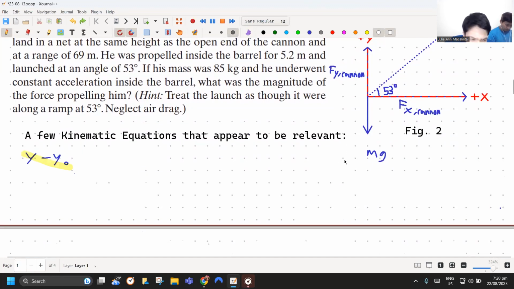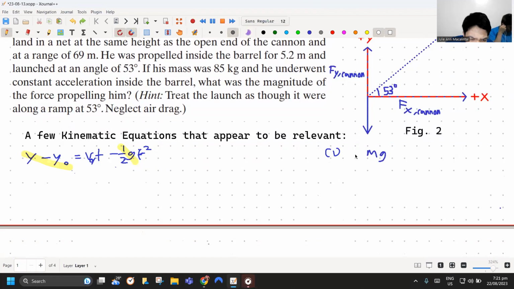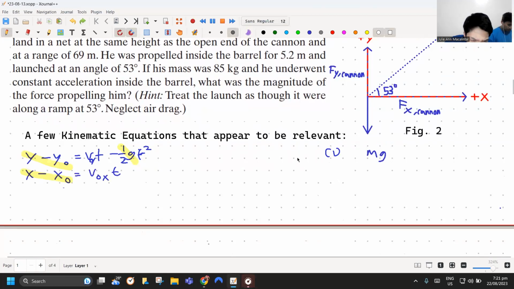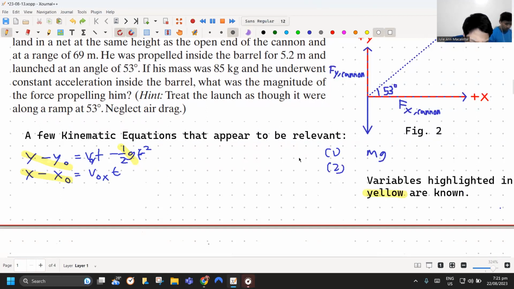So here, y minus y0 equals v0y t, the y component of the velocity at start, minus one half, it was supposed to be acceleration, but since there's no other acceleration in the y direction, only gravitational, we'll be using the gravitational acceleration g, times t squared. And then x minus x0 equals the x component of the start velocity, v0x t, equation 2.